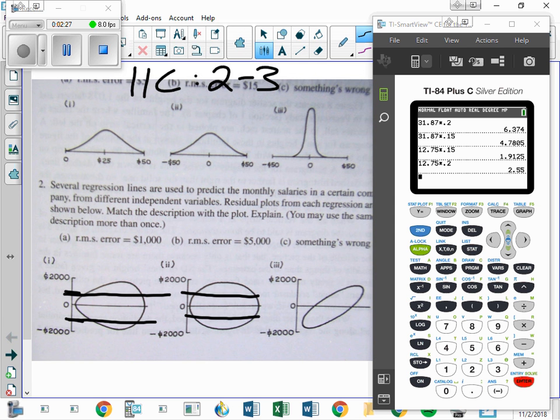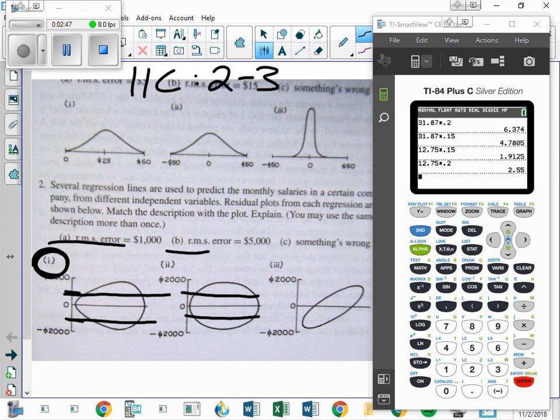So A and B both are 1. So 1 is not football shaped. That's what I was wondering. But it still has an RMS error of about 1,000. It's not going to be perfect because it's a little bit egg shaped.